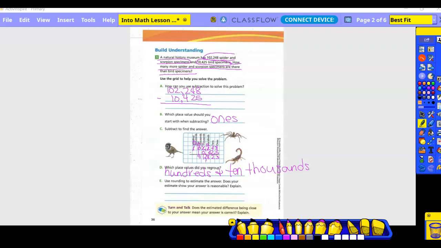So the first one, what is our largest place value? 100,000, right? So I would be looking at the 1. Then I look to the number to the right, correct? So would that one become 100,000 or 200,000? 100,000, okay? 100,000 minus, what is our highest place value of our next number?